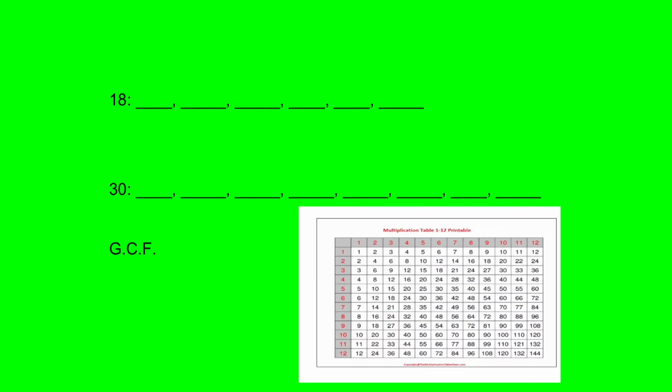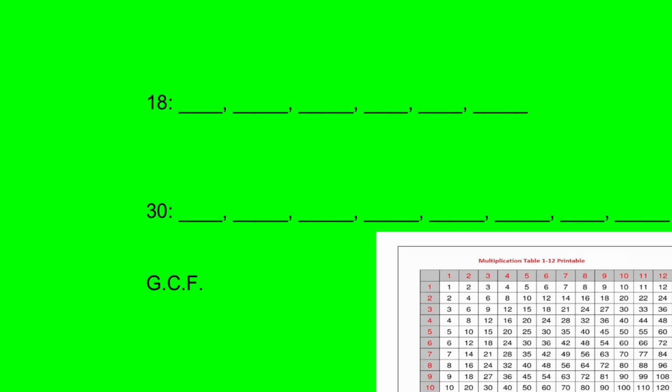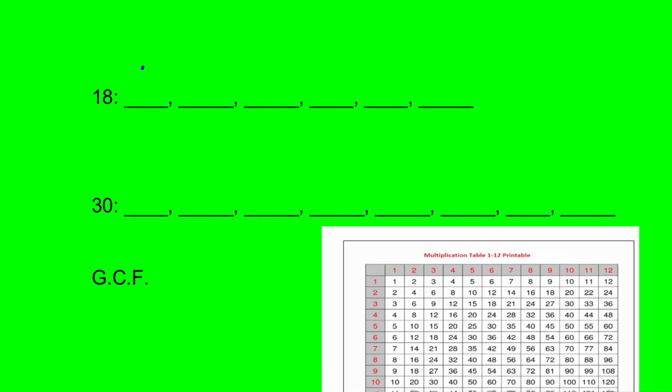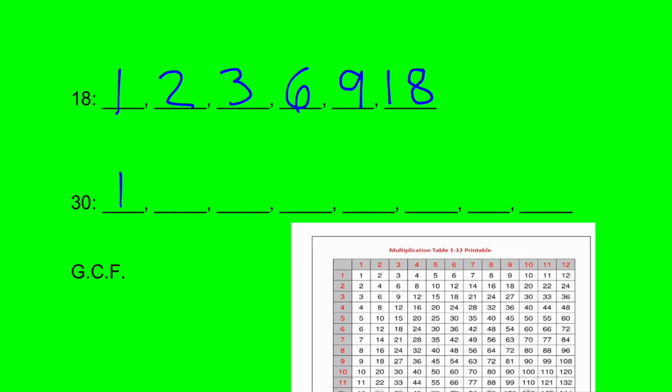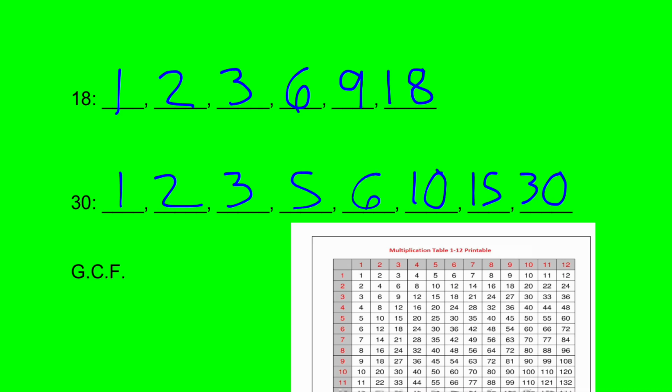Let's do another one. So the factors of 18 are 1 times 18, 2 times 9, and 3 times 6. And the factors of 30 are 1 times 30, 2 times 15, 3 times 10, and 5 times 6.